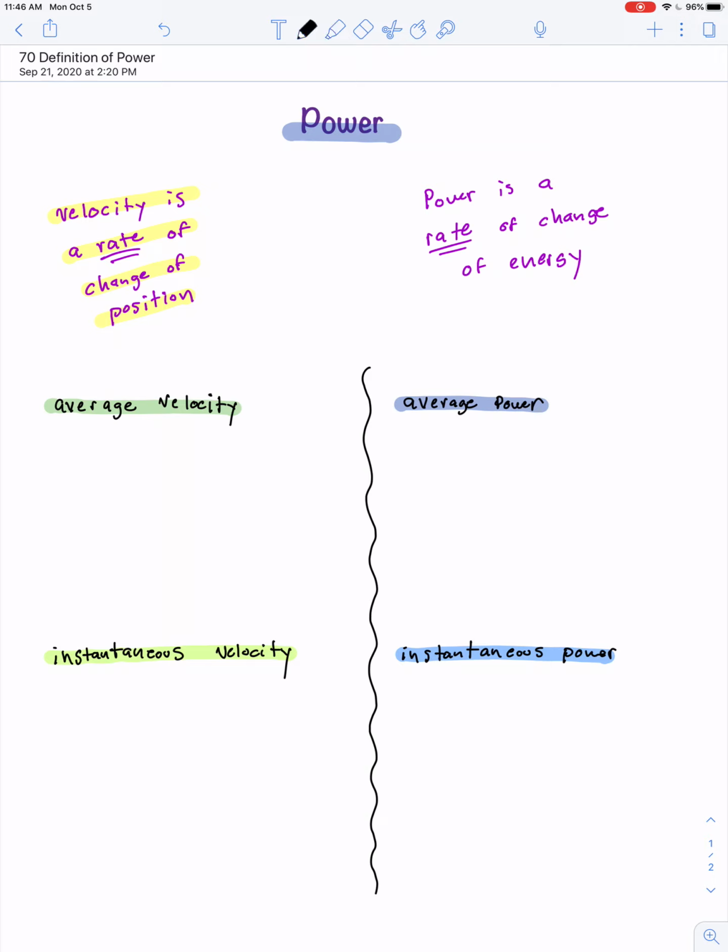An average velocity, symbolized with a V with a bar over the top of it, is equal to a change in position divided by the corresponding change in time. That's how we define average velocity, right? It's a rate, the change in position divided by the change in time.